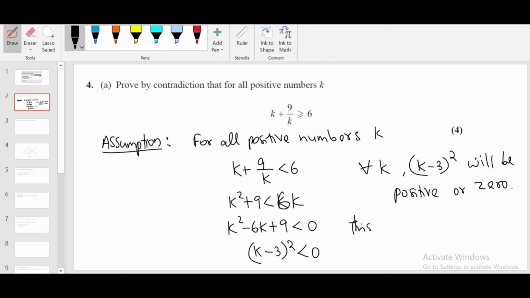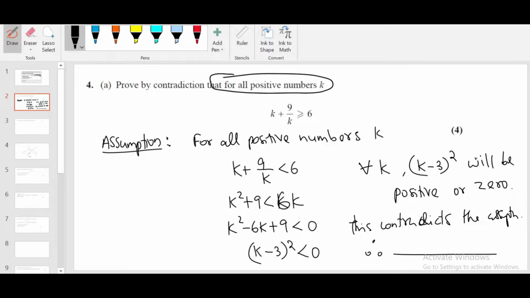This contradicts the assumption. Therefore, the assumption is wrong. That's the next line. And then finally the conclusion: for all positive numbers k, k plus 9 over k is greater than or equal to 6. That's how we apply the proof by contradiction.